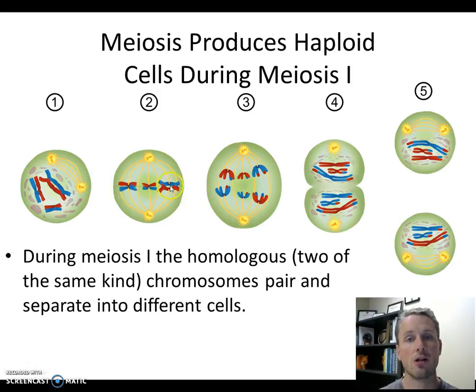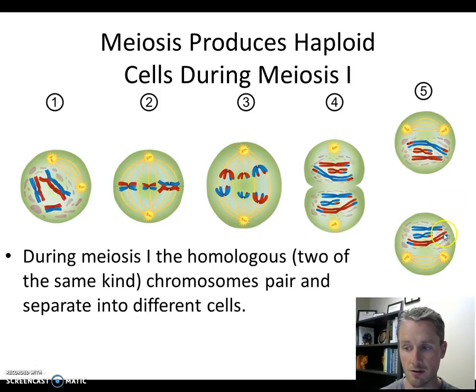Again, the homologous chromosomes, the 2 of the same kind, are paired up during meiosis 1. And then during anaphase, we pull that pair apart. In telophase, we put each member of that pair into a separate nucleus, and then we separate the cells apart. And so let's look at the cells right here. This top cell contains 1 large chromosome, 1 medium chromosome, and 1 small chromosome.